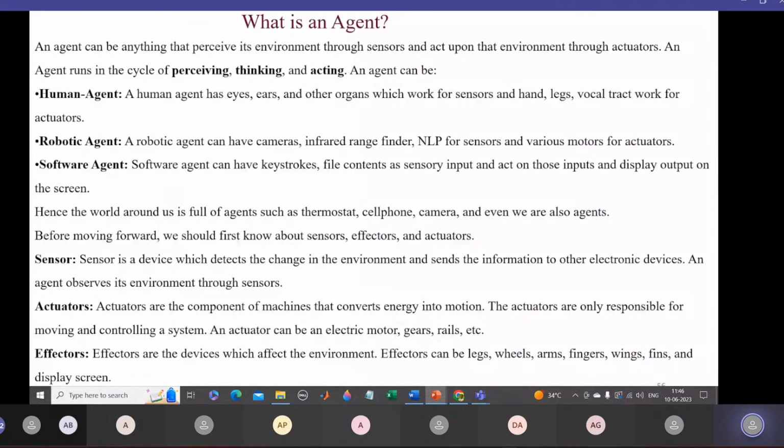They are responsible for moving and controlling, and can be an electric motor, gear, rails, etc. Effectors are devices which affect the environment. They can be legs, wheels, arms, etc. So you should know agent, perceive, think, and act; human, robotic, and software agent; and the different terms: sensor, actuators, and effectors.